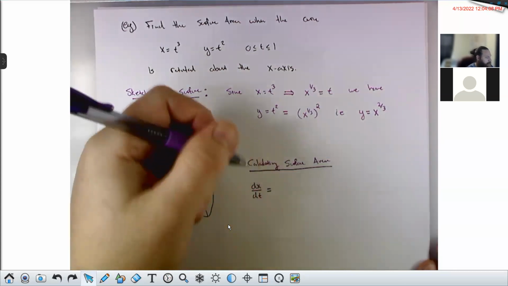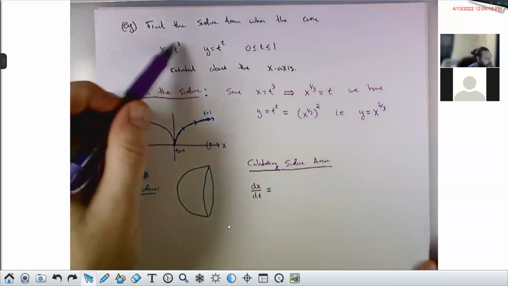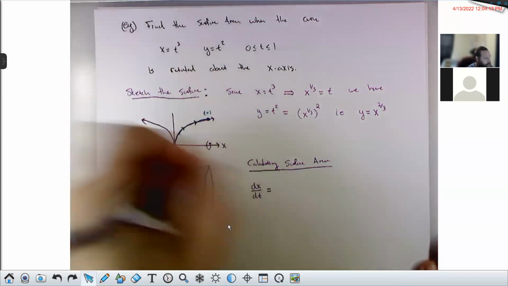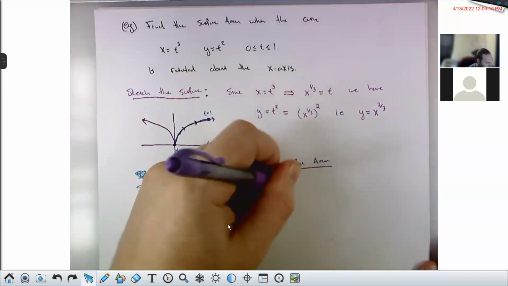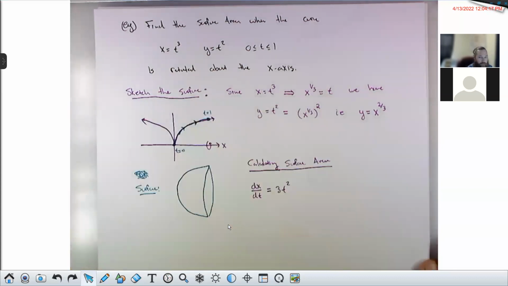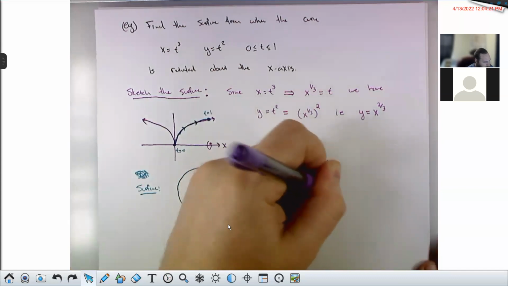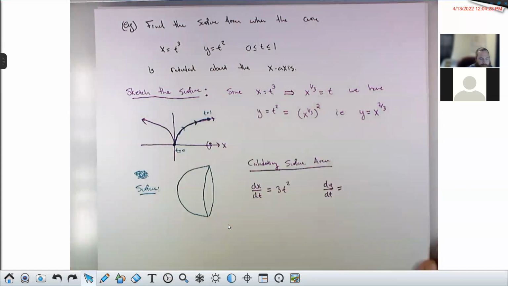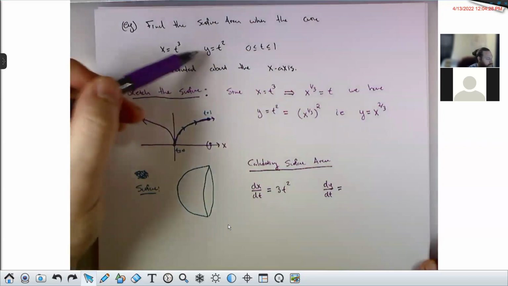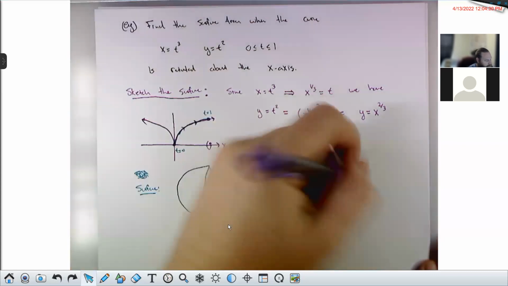That's a part of my formula. So if I take this x function and I differentiate it, I'm going to get 3t squared. I also need dy/dt. So if I take this y function and I differentiate with respect to t, I just get 2t.